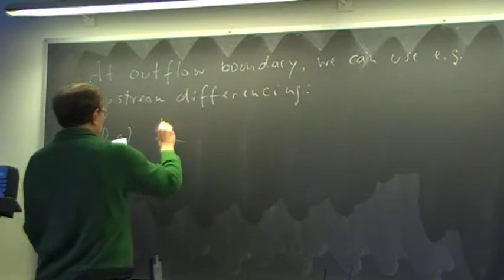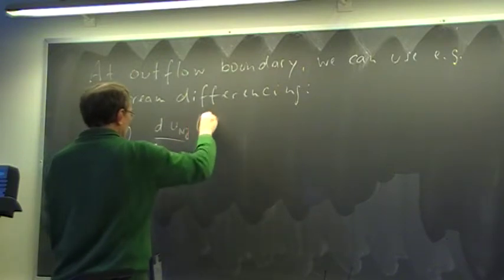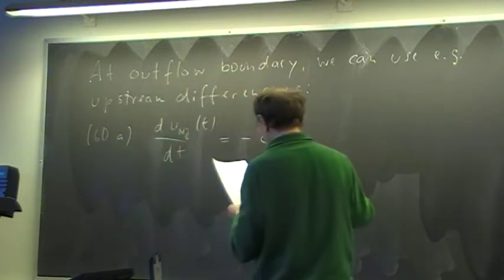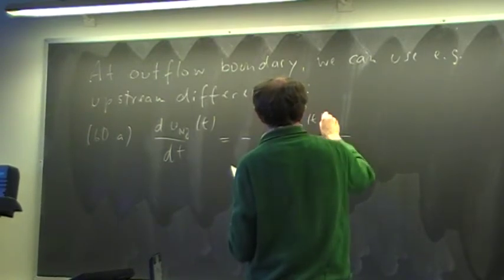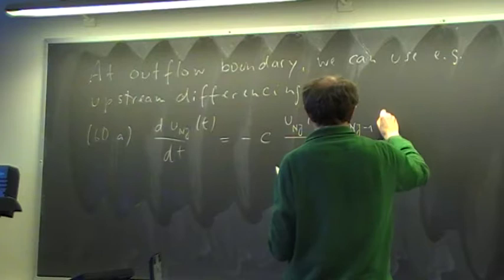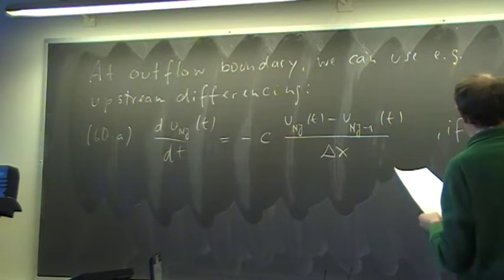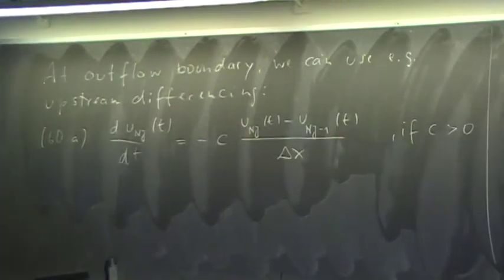So it would be the following: at that boundary, if c is positive, that would be at Nj. We would then do the approximation not with the central method, but with the upwind method, which would be Nj of t minus Nj minus 1 of t divided by delta x. That would be if we have advection from left to right. If we have advection from right to left, then the outflow boundary would be at 0.